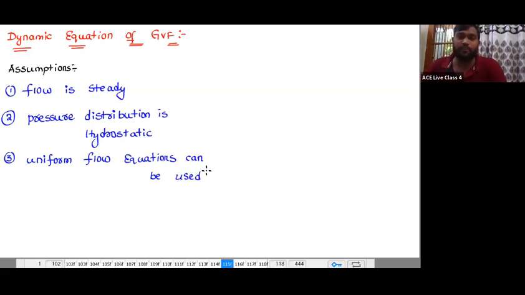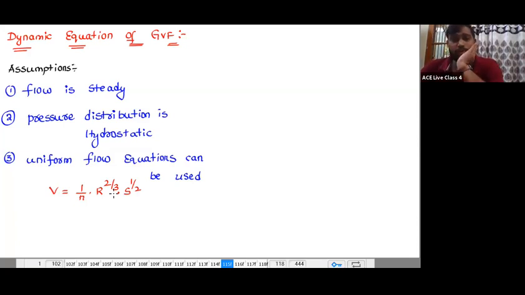What is the meaning of the uniform flow equation? Manning's equation, yes or no? And what is Manning's equation? V equals 1 by n into R to the power of 2/3 into S to the power of 1/2.